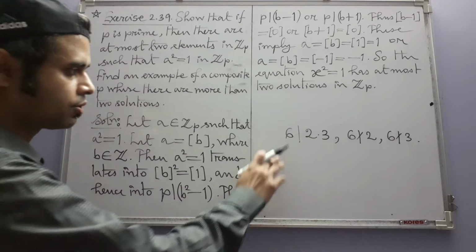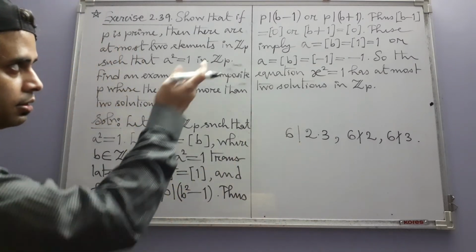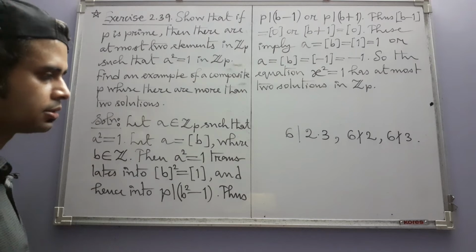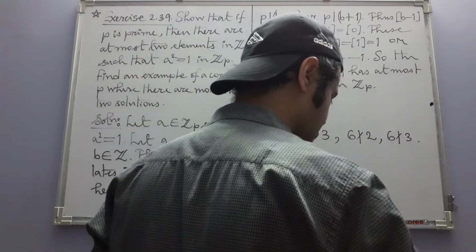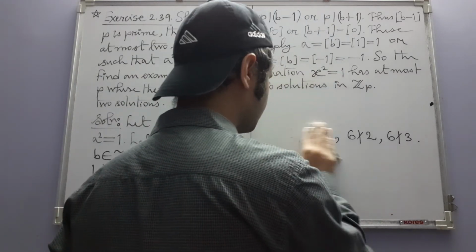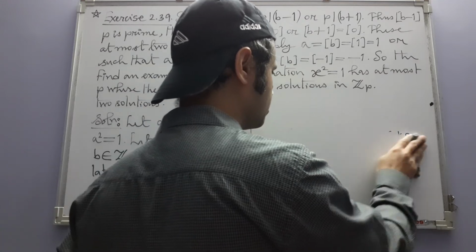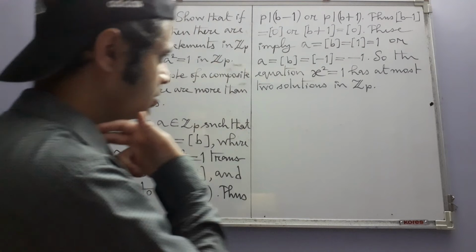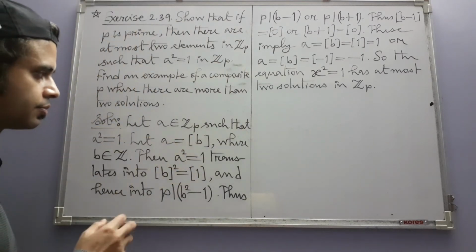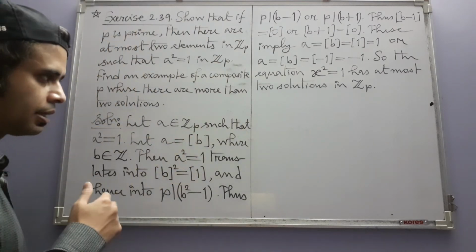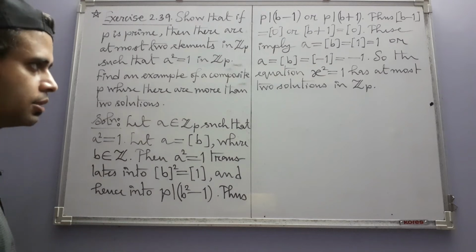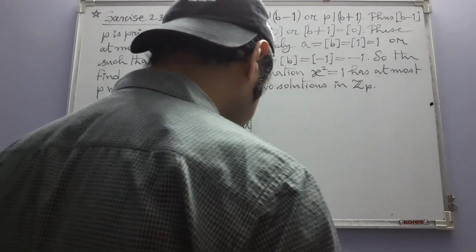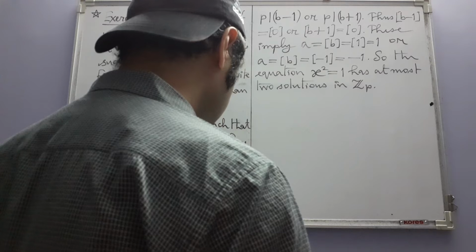So for a composite integer, this property is not there necessarily. Now we have to find a composite P for which, in the corresponding modular system Z_P, there are more than two solutions to this equation, and one such number is this.